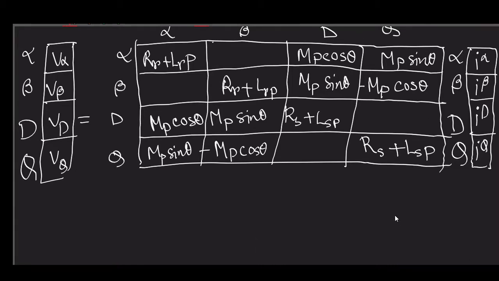So this is our impedance matrix, and this is the beauty of this equation, that it is symmetric and contains the diagonal terms, and obviously these portions are void because the windings are in quadrature.